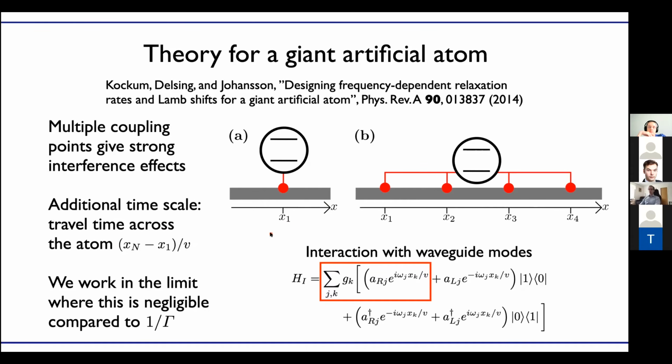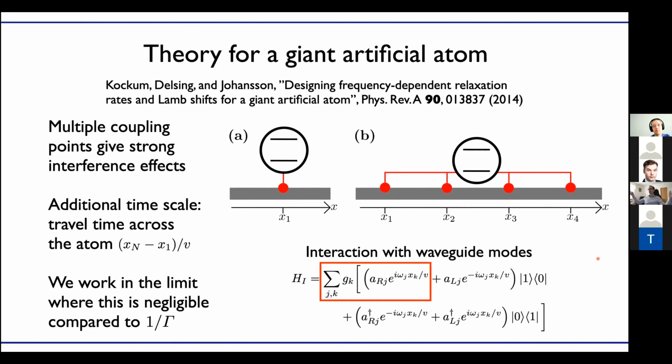So for the purposes of this talk, I will only consider cases where this travel time is negligible compared to the relaxation time of the atom. So is it like a Markovian approximation? It's like a Markovian approximation. Yes, exactly. Thank you.